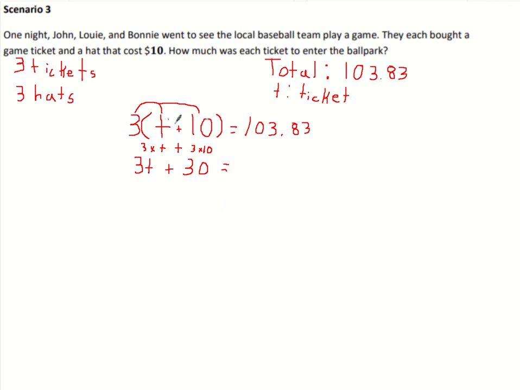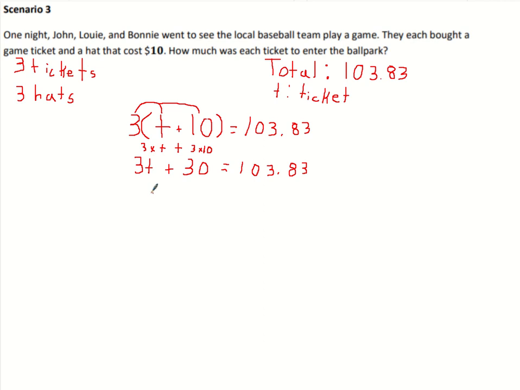We know that we're taking this 3 and multiplying it by both of our pieces, and we'll see that that's what we get down here because 3 times 10 gives us the 30. So that's going to be equal to $103.83. And again, same as before, 3 tickets plus $30 is equal to $103.83.